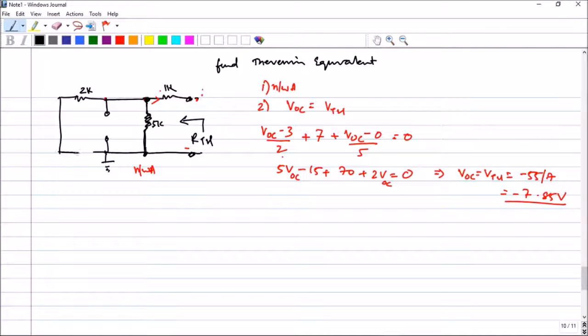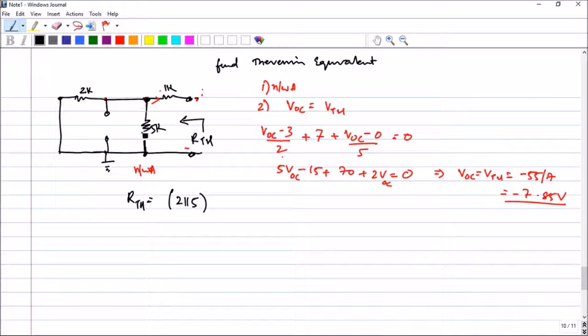In competitive exams, you won't get time to redraw, so you have to understand all these things in your mind itself. That means 2K and 5K are in parallel. So RTH will be equal to 2 parallel 5.